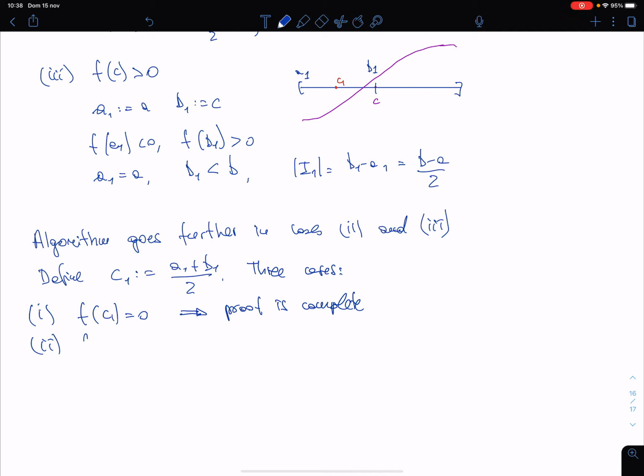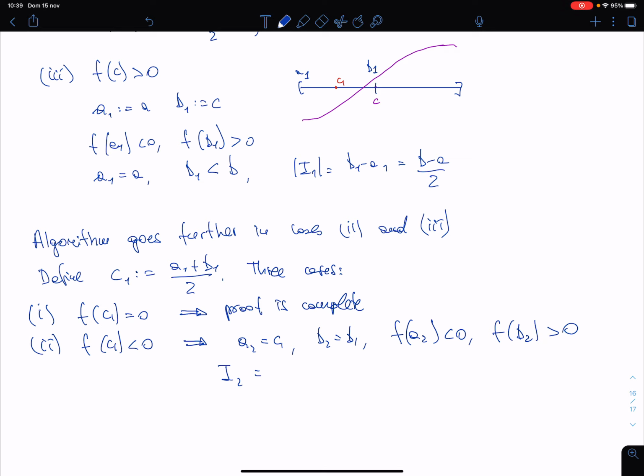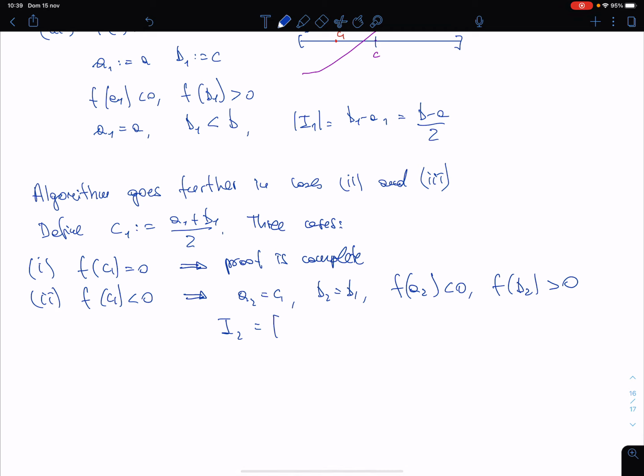Second, f of c1 less than 0, and we define again a2 equal to c1, b2 equal to b1, and f of a2 less than 0, f of b2 larger than 0, and the new interval we will focus on is I2 equal to a2, b2, and the size of I2 is b2 minus a2, which is (b1 minus a1) divided by 2, so (b minus a) divided by 4.